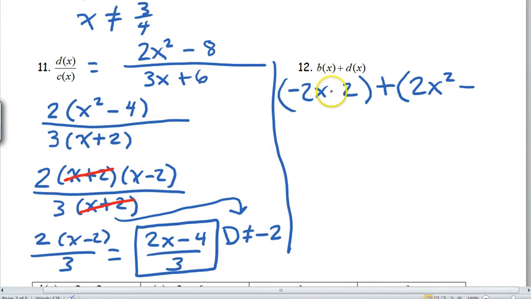Wait, so part of this got erased. It was negative 2x minus 2? Okay, and 2x squared minus 8.